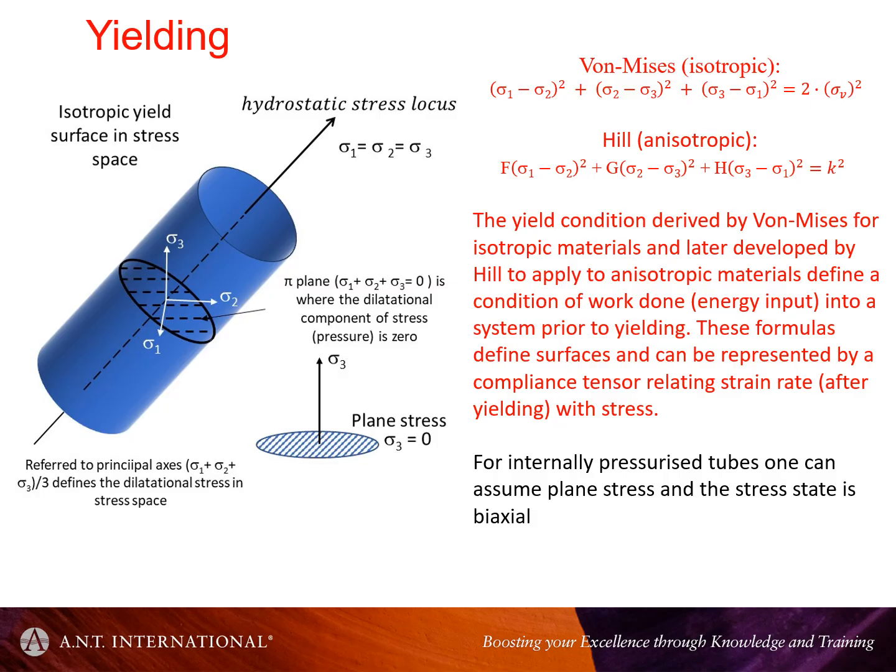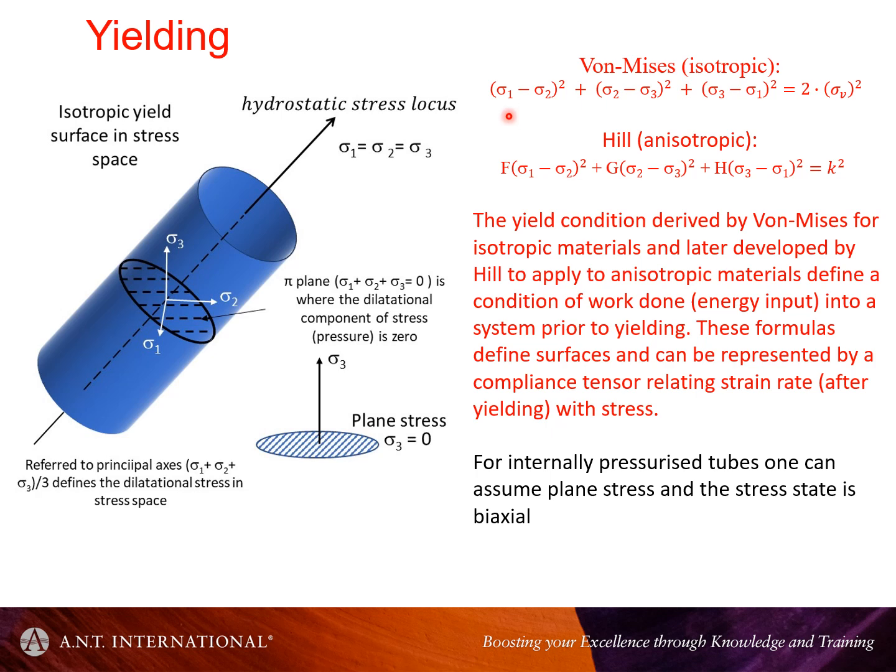For those of you who are mechanical engineers, you will be familiar with the von Mises yield criterion. Von Mises, for isotropic material, deduced that for a given stress state applied to the material, one could relate the components of the stress tensor. In this case, it is referred to the principal axes, which is typically when one has a single component.